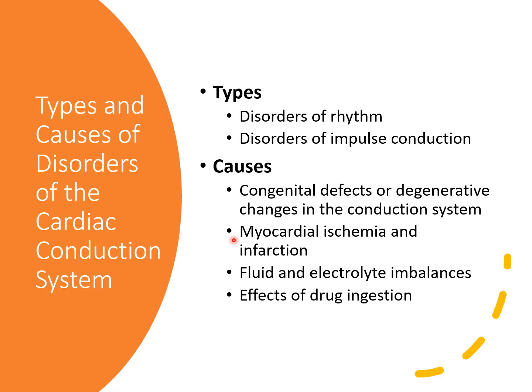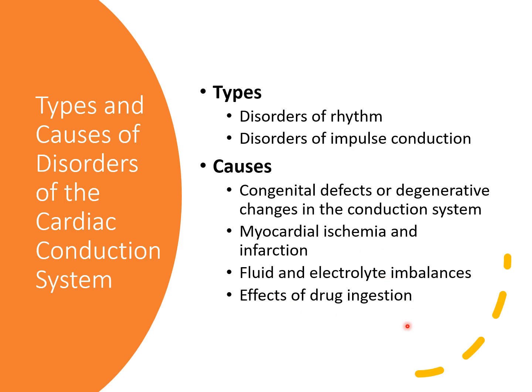Myocardial ischemia and infarction are common causes of disorders of the cardiac system. Other things like fluid and electrolyte imbalances, we talked about all the essential ions like sodium, calcium, and potassium that help to maintain those action potentials in cardiac conduction tissue. If we get imbalances in those electrolytes, either from fluid problems or from electrolyte problems themselves, it can change conduction.